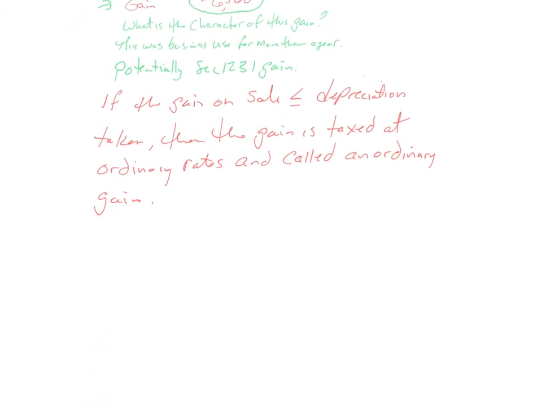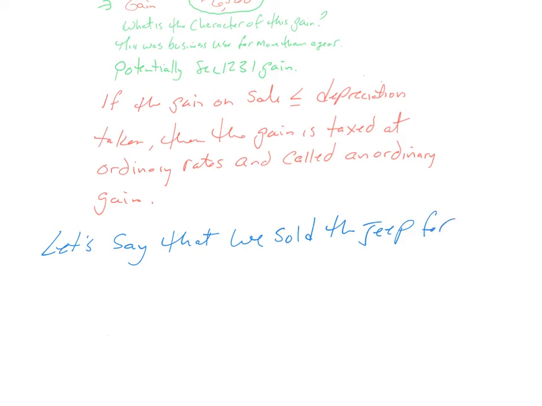So let's say now we'll change our facts up just a little bit. All right, so now let's say by some magic twist of fate, we are able to sell this Jeep for $40,000.